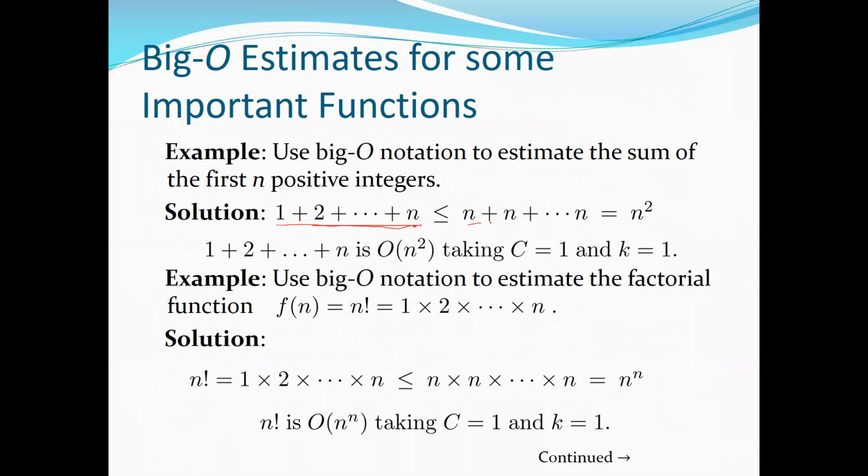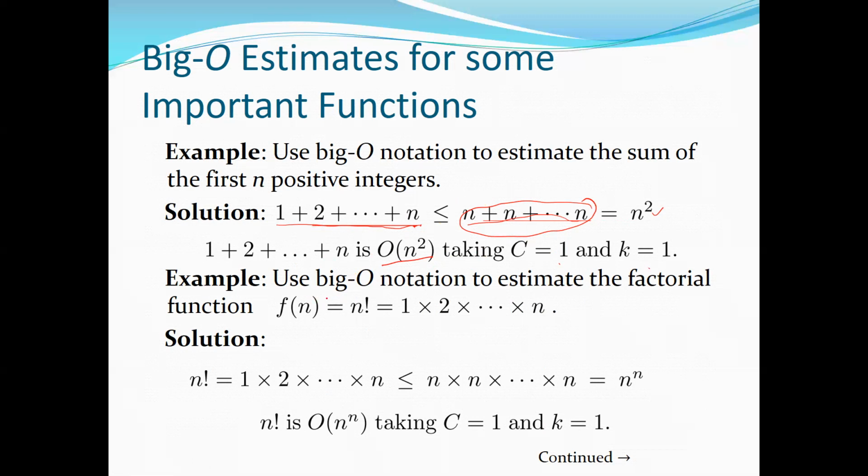So we can establish the inequality n plus n plus n and so on, plus n. That is nothing but n square. So this is big O of n square, where c is equal to 1 and k is equal to 1. You can prove this inequality like we have proven in the previous examples.